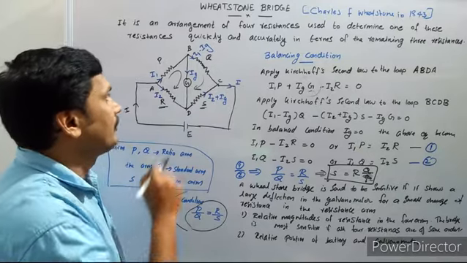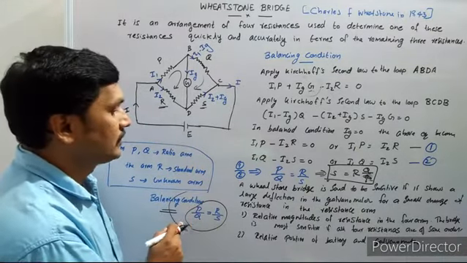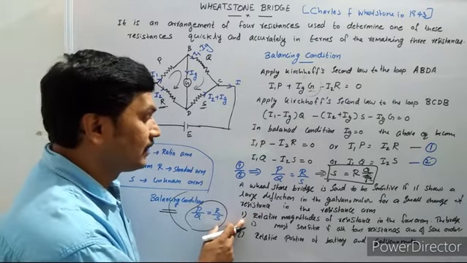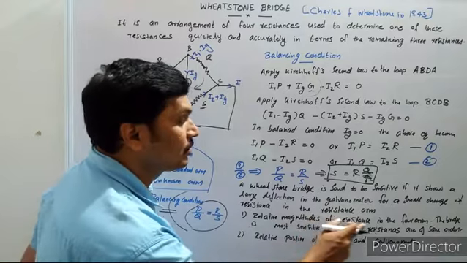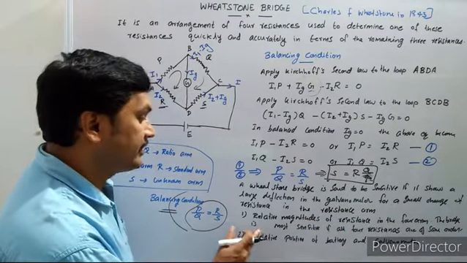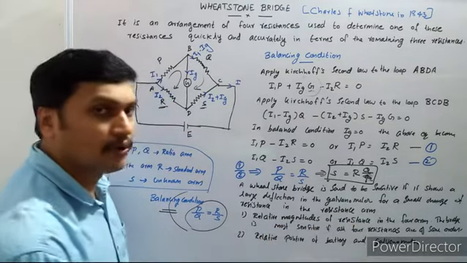So to make it sensitive, what can you do? The factors affecting the sensitivity are, first, the relative magnitude of resistance in the four arms. The bridge is most sensitive if all four resistors are in the same order.